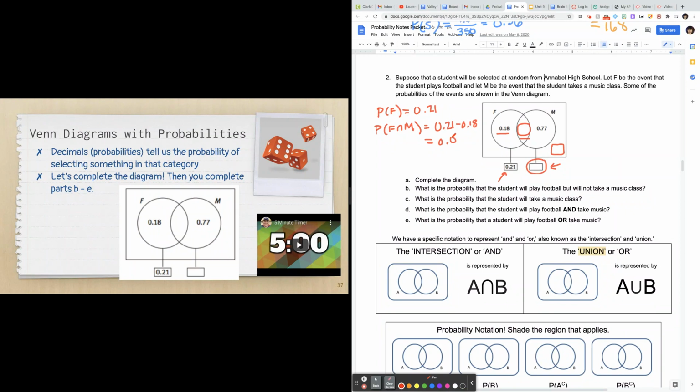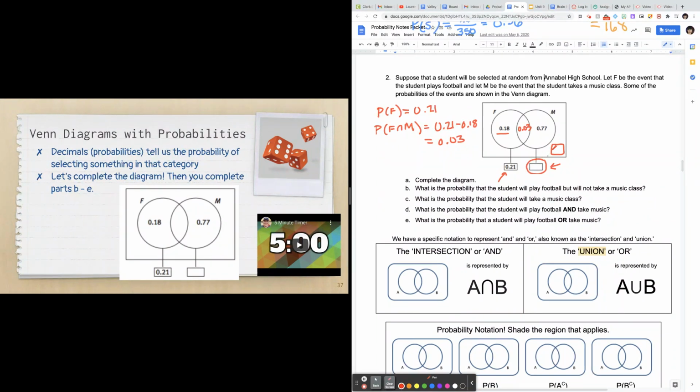So that is 0.03. Okay, so this missing number that goes here is 0.03. I'm actually going to do a little bit of erasing here because I don't have quite enough space. So I'm going to write this a little differently here. 0.03, okay?